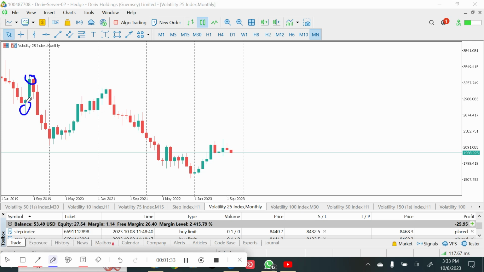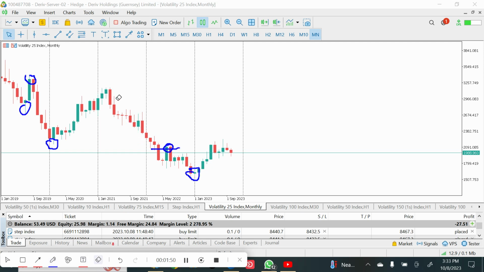This was a high, a low, a lower low, a lower high, and we are having a lower low. Somebody said, why didn't you consider here? That is not too strong a structure for me. Here can be considered: this is a high, and then this is a low.